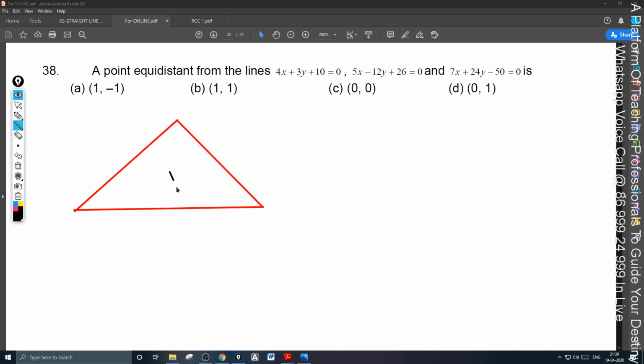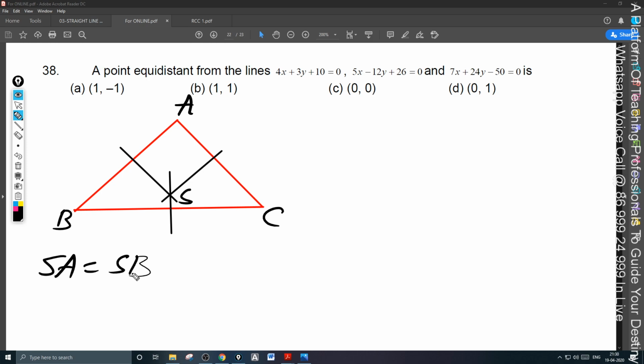This is one perpendicular bisector, this is another perpendicular bisector, and this is another perpendicular bisector. This is A, this is B, this is C, SA is equal to SB is equal to SC. This is a concept to be used. Just to revise that, I have taken this problem. It is to be solved through verification.